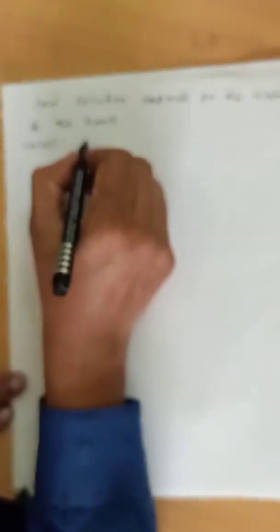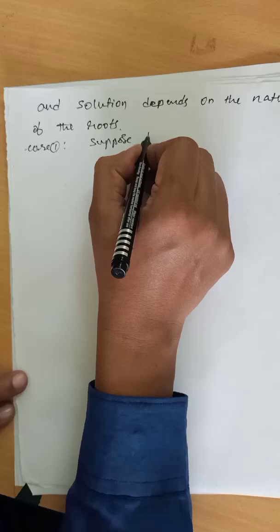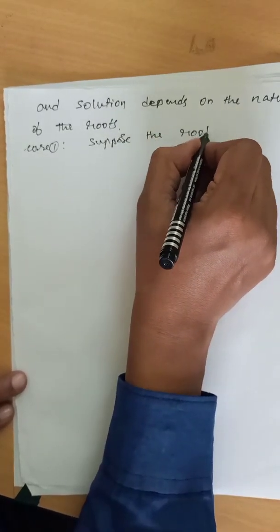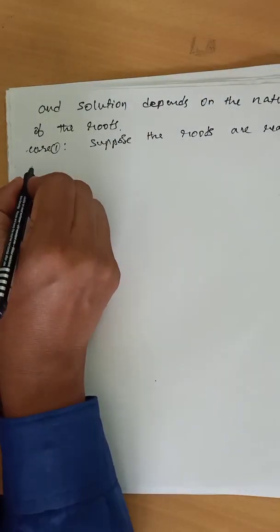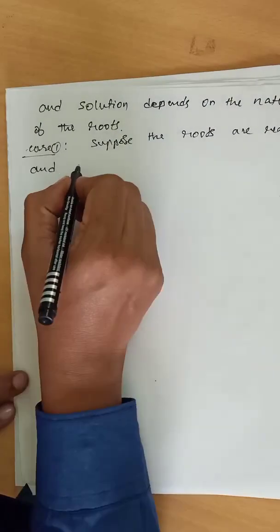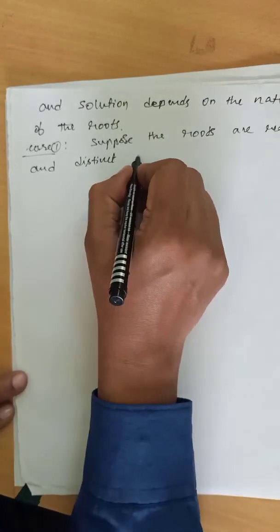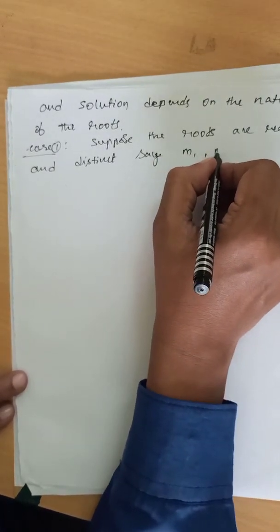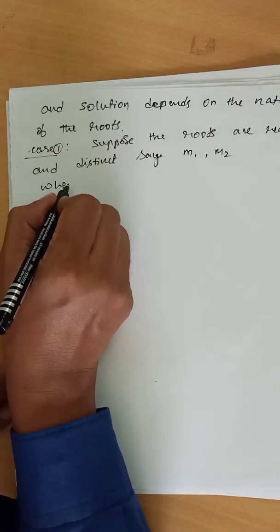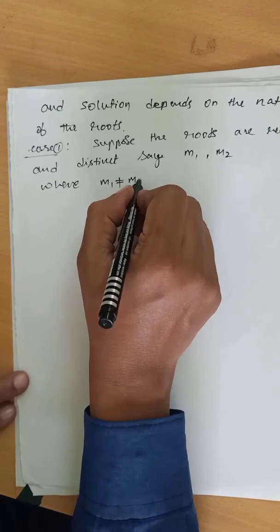That is why we consider case 1: suppose the roots are real and distinct, say m1, m2, where real and distinct means m1 is not equal to m2.